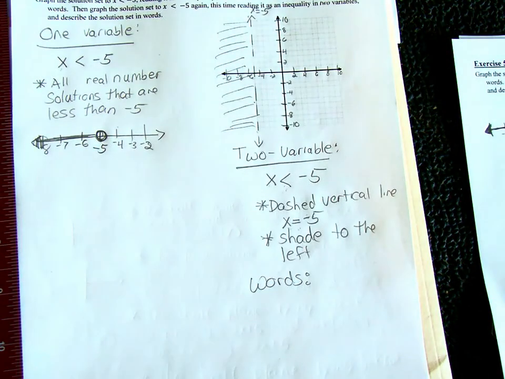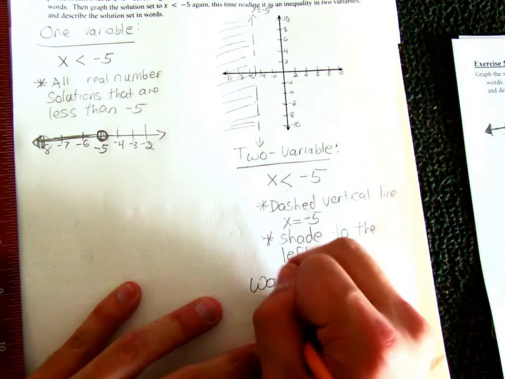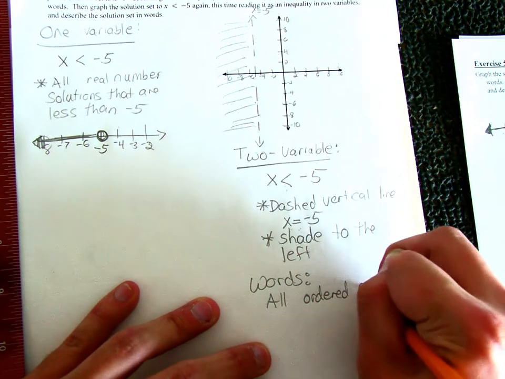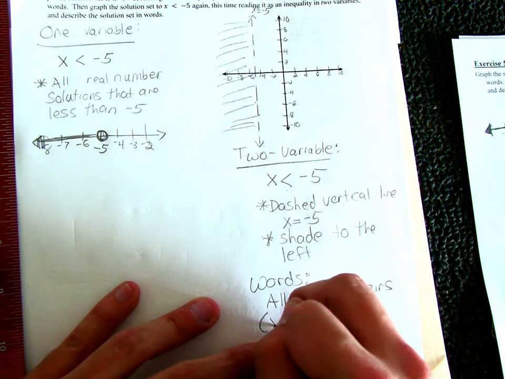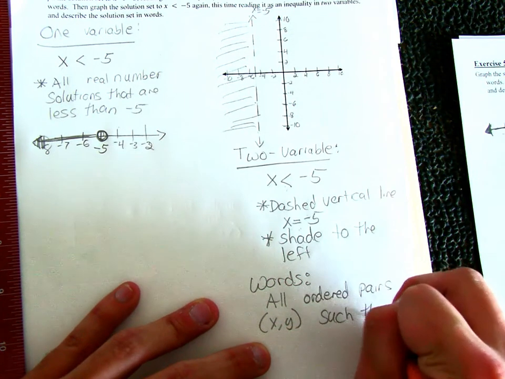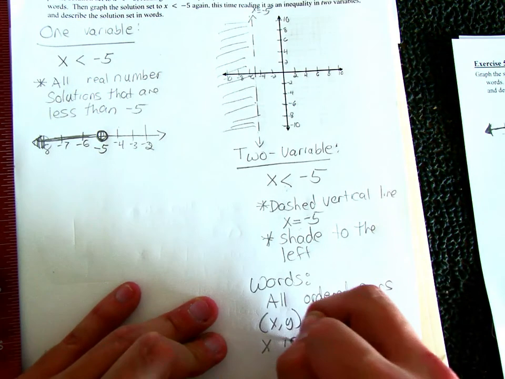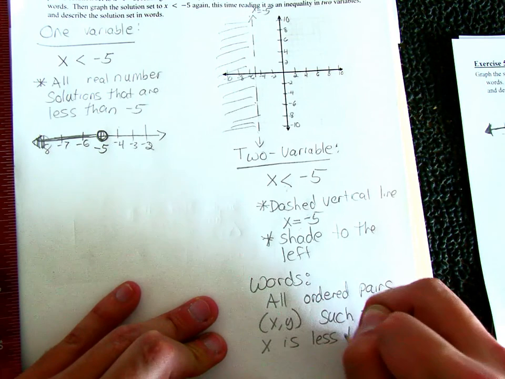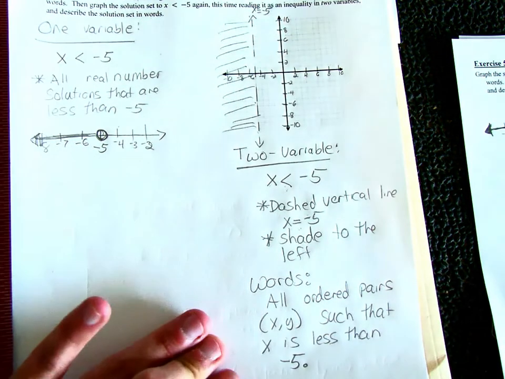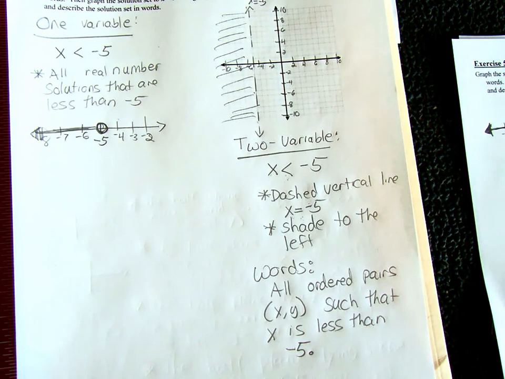Or we can say that it will be all ordered pairs (x, y) such that x is less than negative 5. x always has to be less than negative 5. Okay? And that is our solution set for the final exercise. Okay? And that is the end of lesson 21.